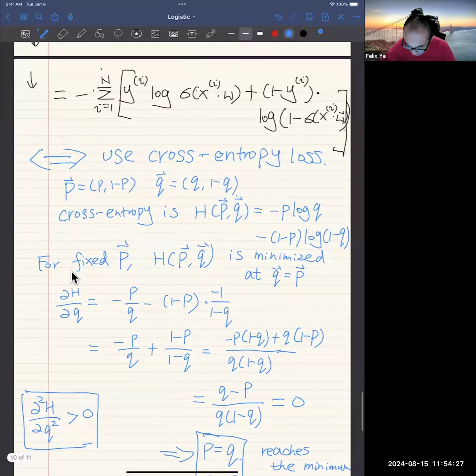And if we use this whole idea, we can match right here.